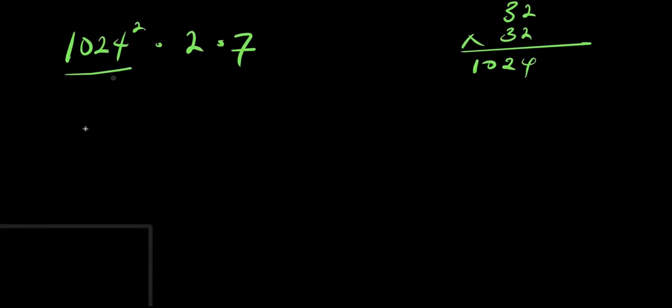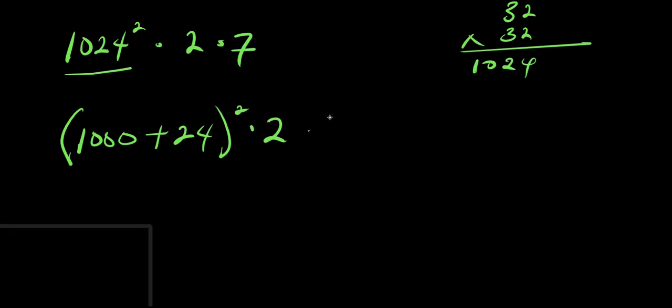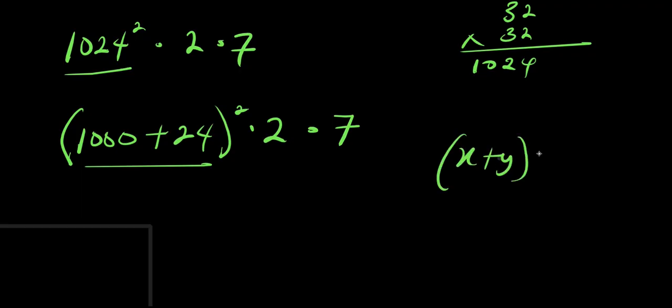I can express this as, it's just like writing 1000 plus 24 to the power of 2 times 2 times 7. Now, expanding this, if you have x plus y to the power of 2, this equals x squared plus y squared plus 2 times xy.